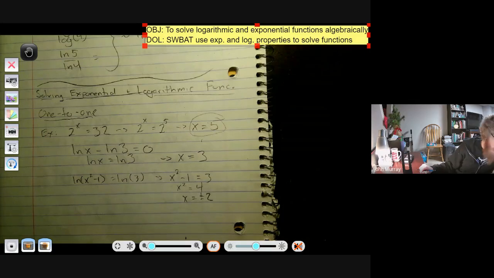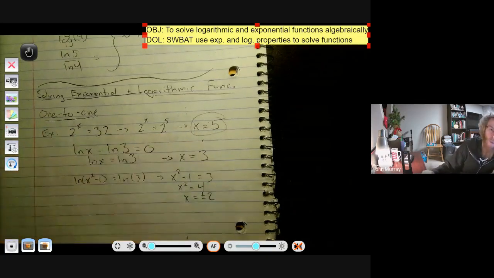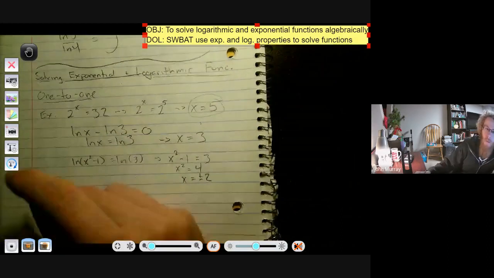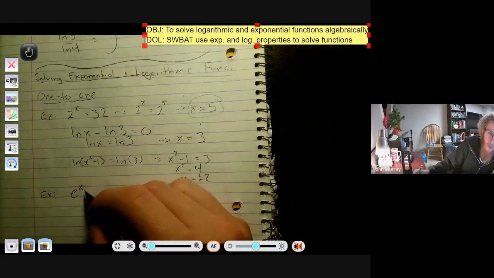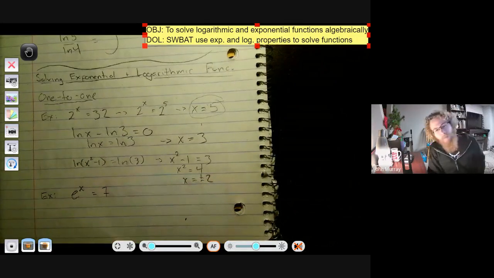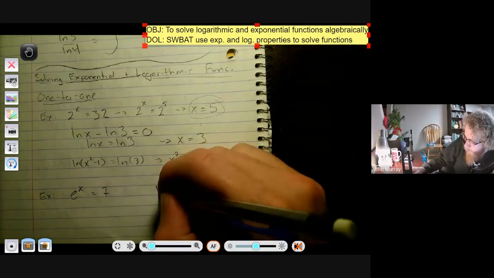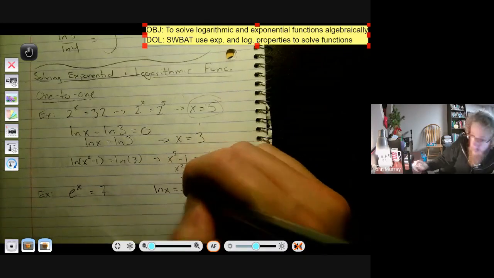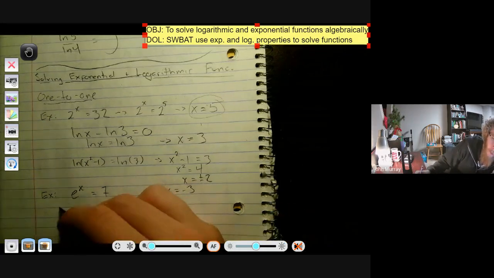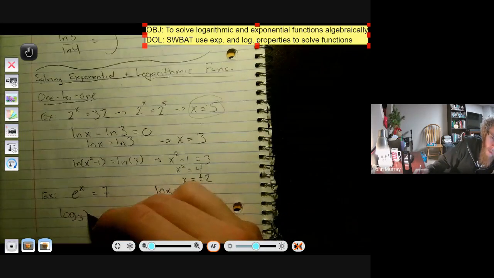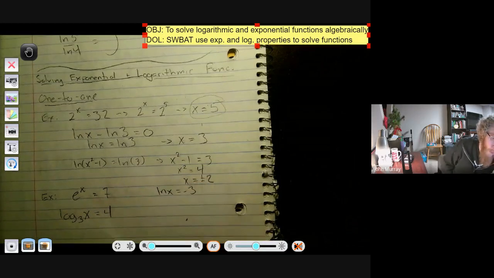But sometimes we won't have that. We won't have an exponent on both sides, or we won't have a logarithm on both sides. We might see something like this, or that, or even something like this.